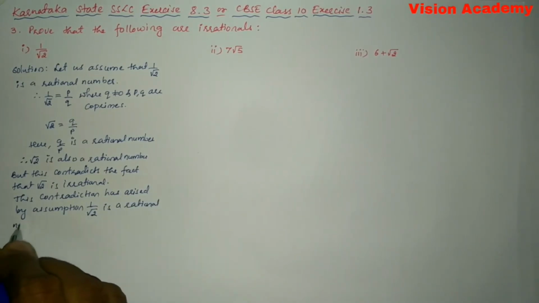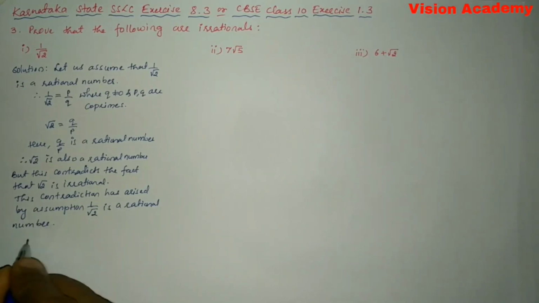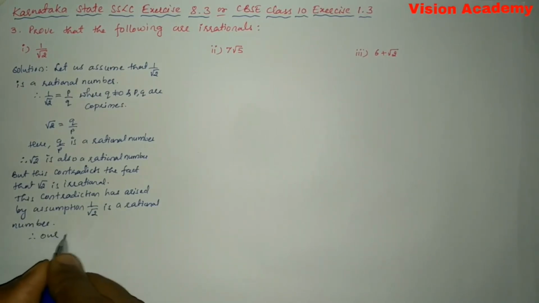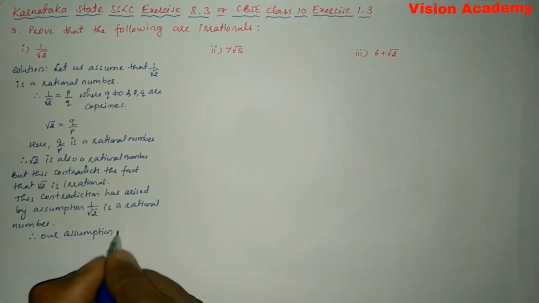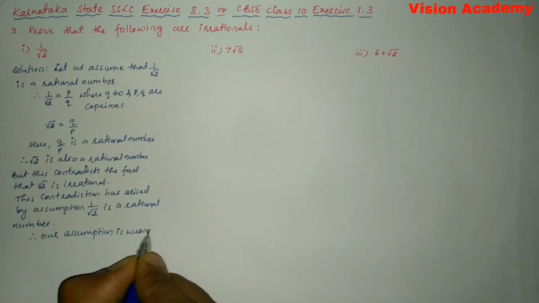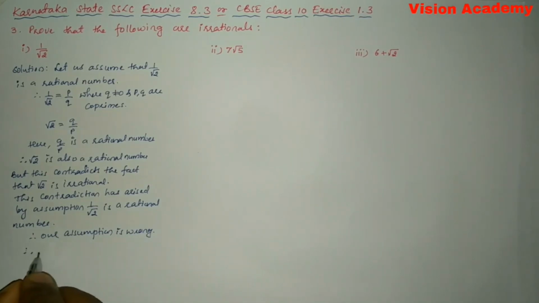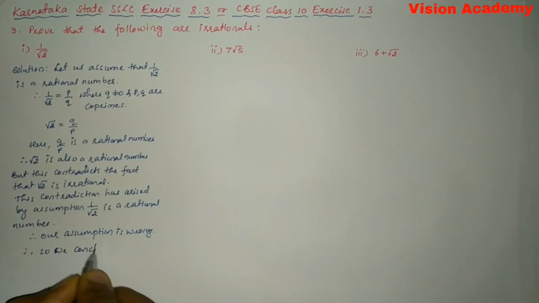Therefore, our assumption is wrong. Therefore, we conclude that 1 by square root of 2 is irrational.